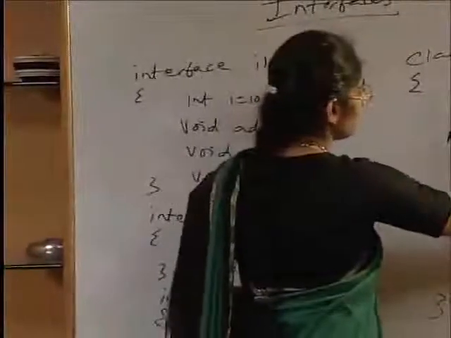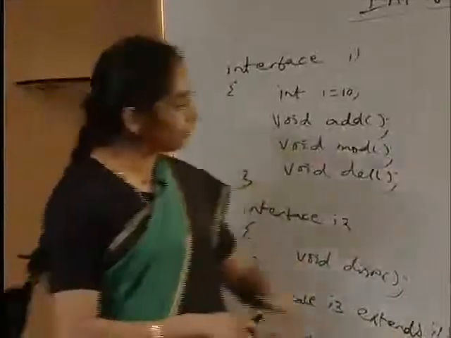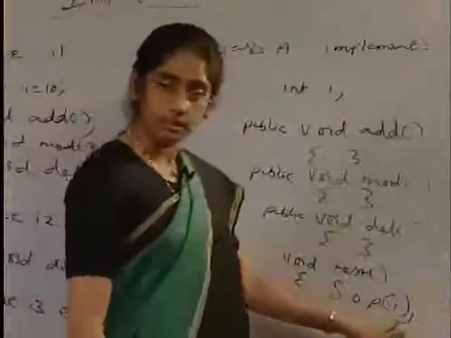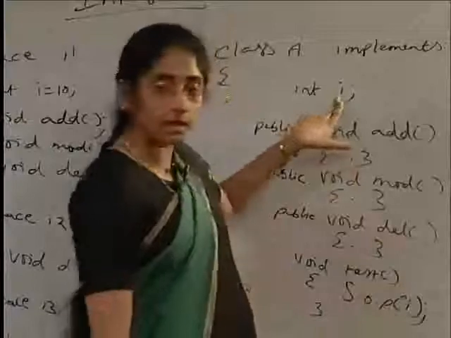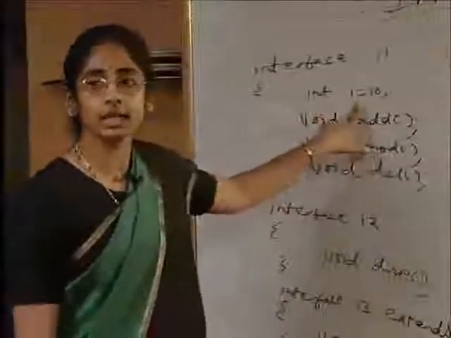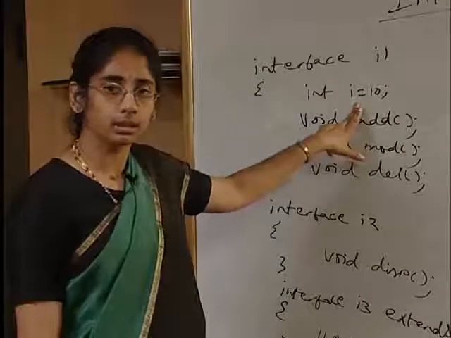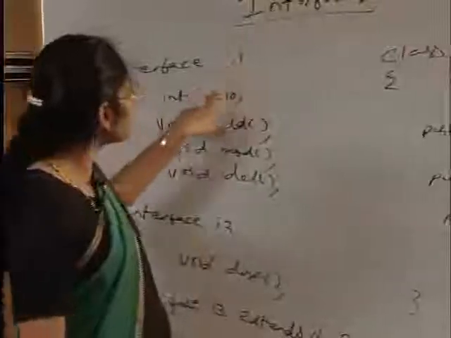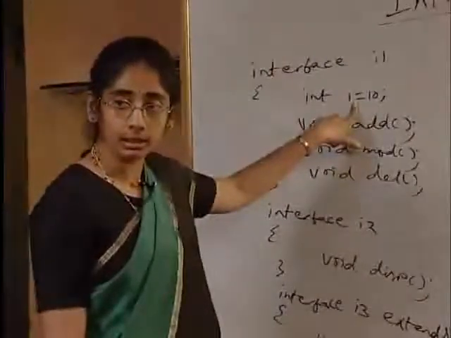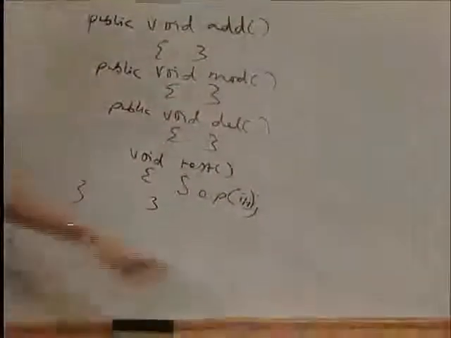Let's assume now I have int I here. Now when I say SOP of I, it's this particular I that I'm referring to, and no longer the I of the interface I1. If I want to access the interface variable I, then I must explicitly say I1.I.